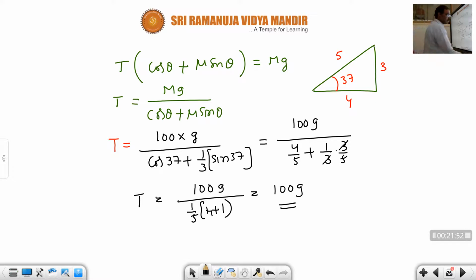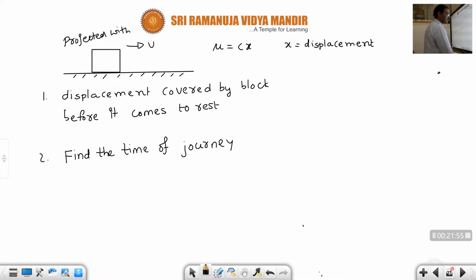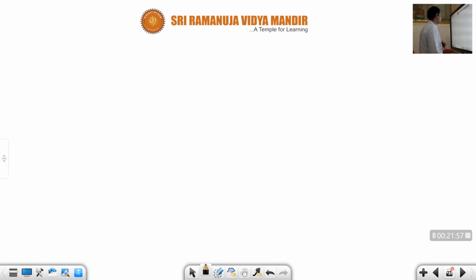And then coming to the monkey, which is climbing up. If you consider how the monkey is climbing up, the acceleration of the monkey A is in the upward direction, and the weight of the monkey, small mg, is in the downward direction. Now the tension is in the upward direction.